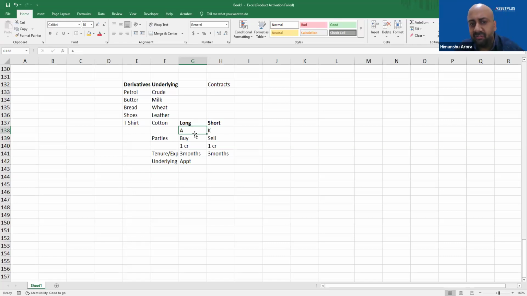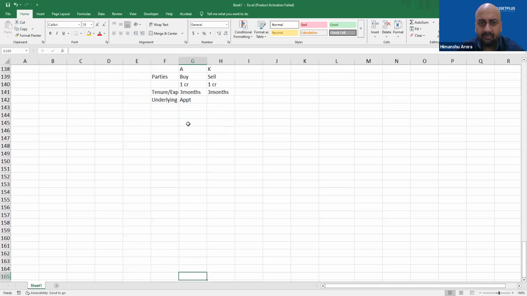So a derivative is a contract between two parties wherein one party, Arun, agrees to buy an apartment from Kaushik at a predetermined price, at a predetermined time, and of course a predetermined quality. This is a derivative contract. Now listen to me carefully.